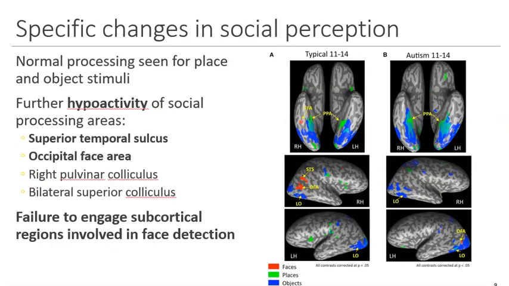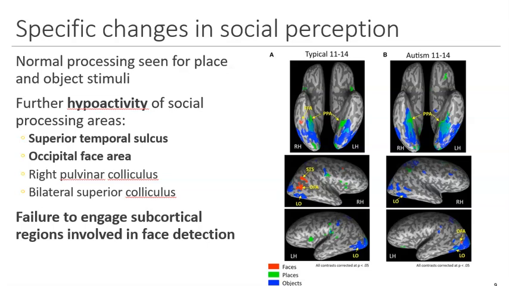So when we look at social perception, which again, social deficits are one of the largest, or most talked about symptoms of ASD, a lot of research has gone into looking at some potential differences or causes of this in the brain itself.